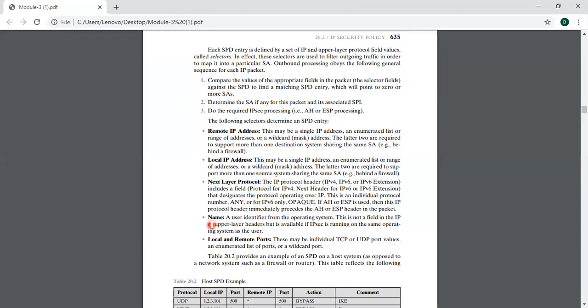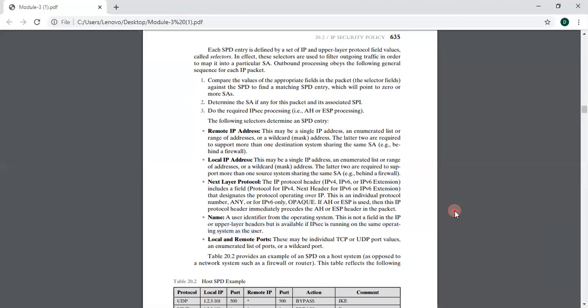TCP means Transmission Control Protocol, and UDP means User Datagram Protocol. TCP is a wired connection and UDP is a wireless connection. So those are called local and remote ports.